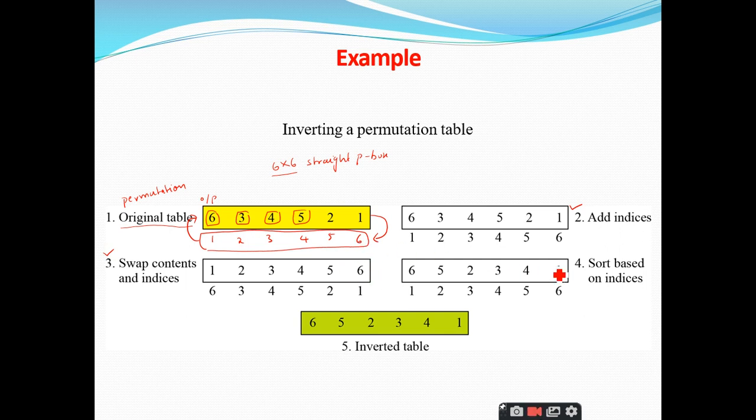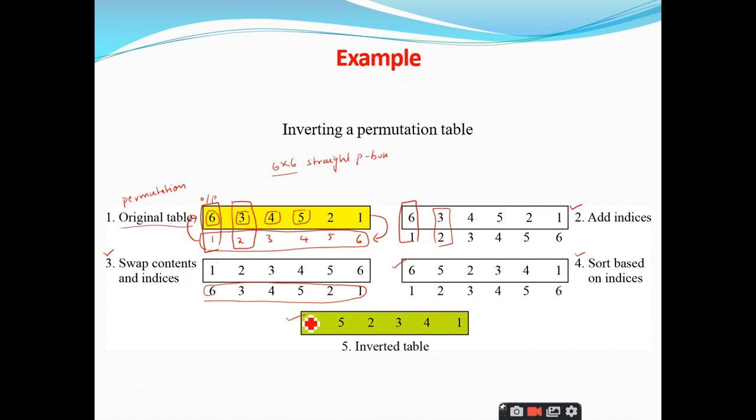Now you have to sort based on the indices. Now you sort this entire category along with this, right? So 1 is mapped with 6 and similarly 2 is mapped with 3. So when you sort these things along with the contents, you will get the output as this one.